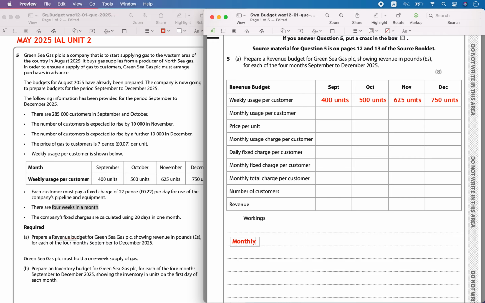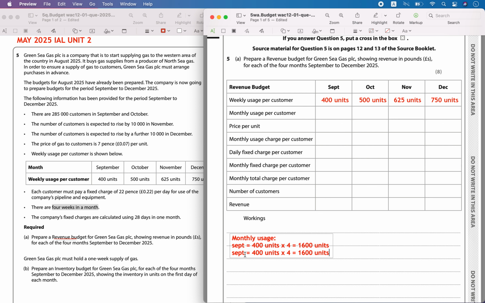So 400 units times 4 will give the monthly usage per customer. For September it is 400 units times 4, which is 1600 units.